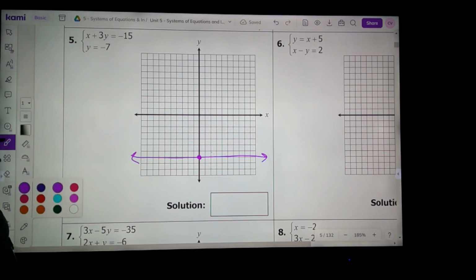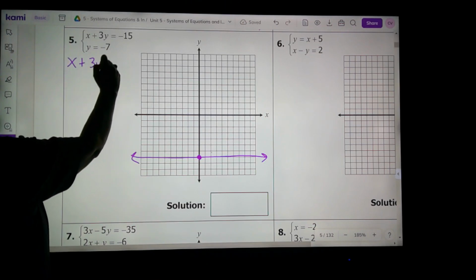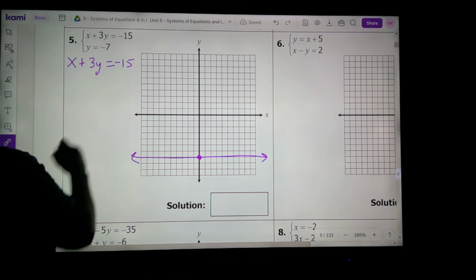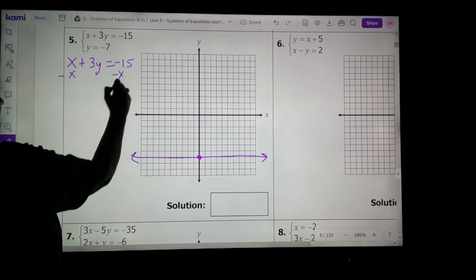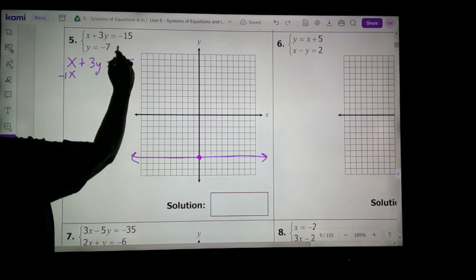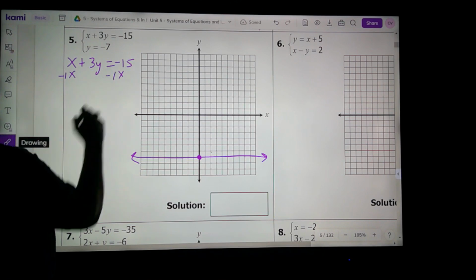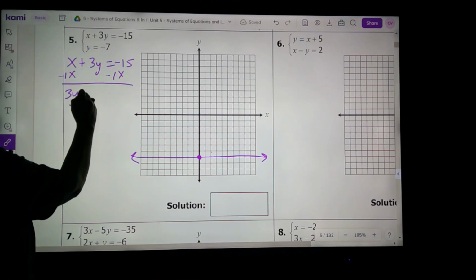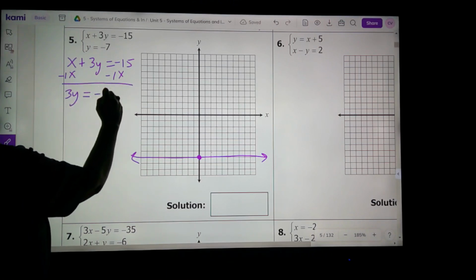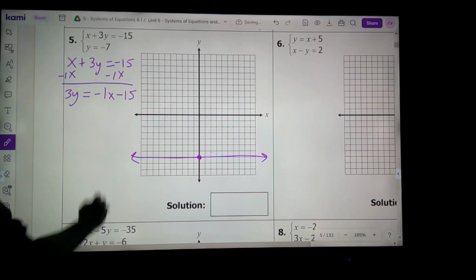Right? And then the next one, it's not in slope-intercept form. So we need to convert it. It's a positive x, so we're going to subtract x. Put the invisible ones because it will help you. That leaves you with 3y equals -1x minus 15 because that's a -15.